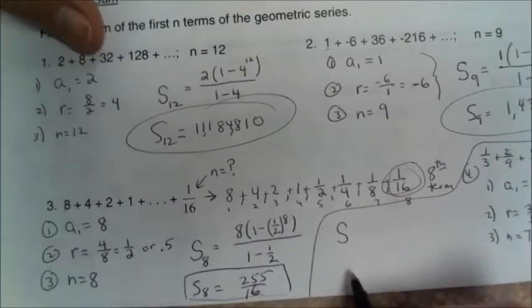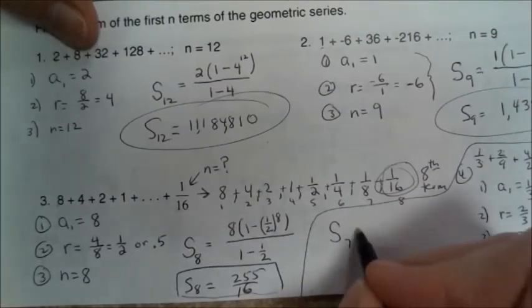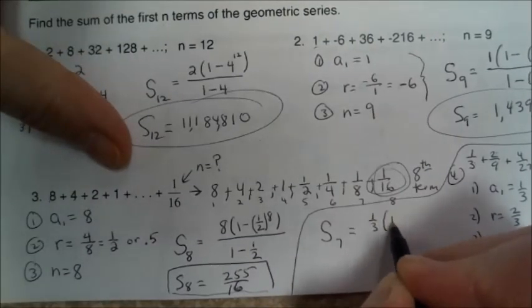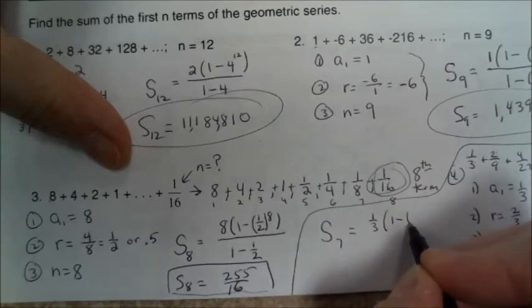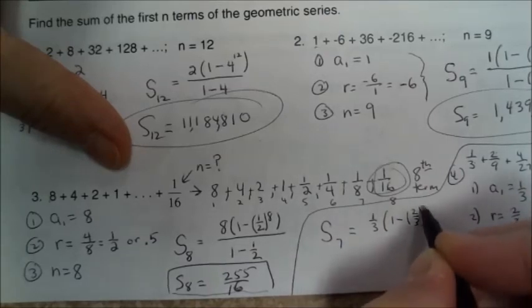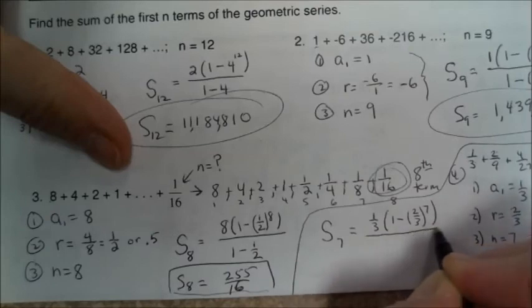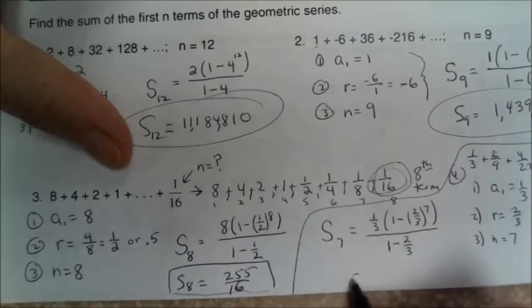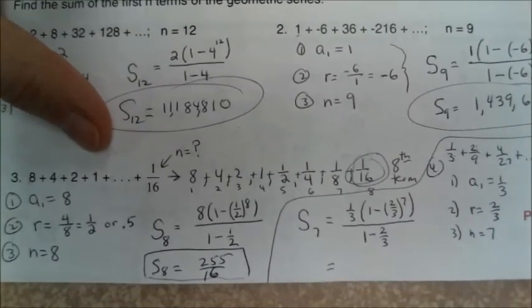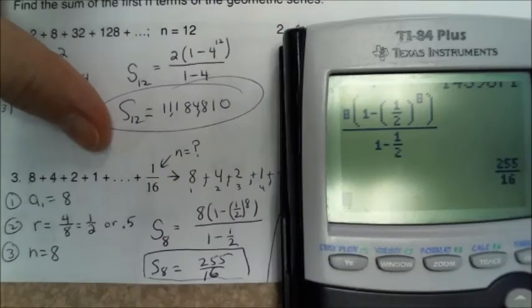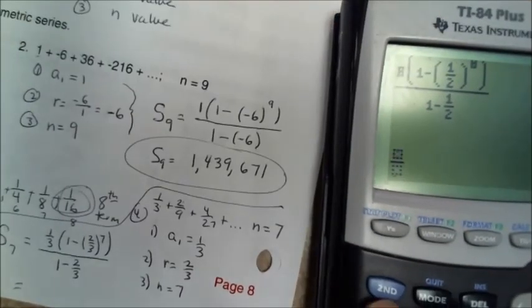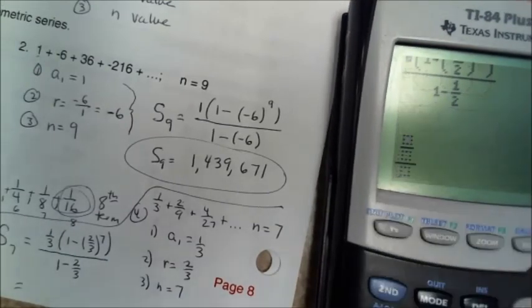So the sum of the first 7 terms of this is equal to the first term times 1 minus 2/3 raised to the 7th power, all divided by 1 minus 2/3, 1 minus r. So let's see what that equals as a fraction. And this is a 1/3, so I'm going to put another fraction in my fraction.